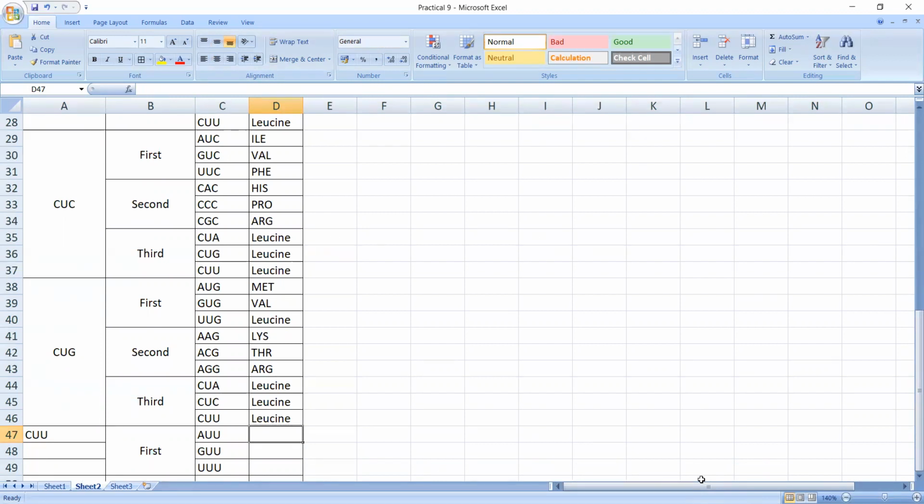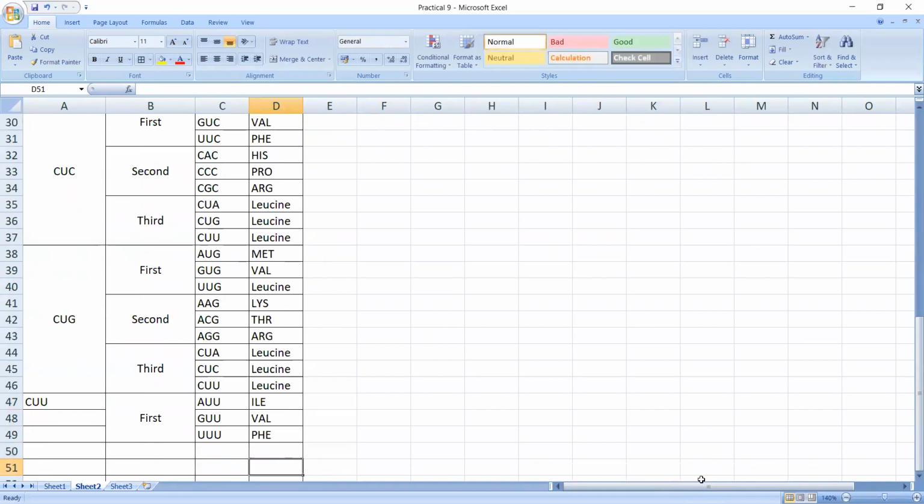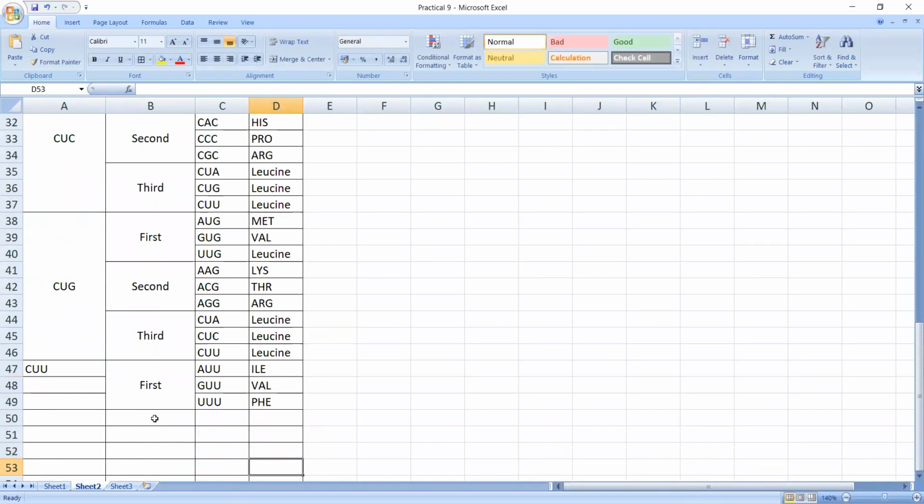AUU codes for isoleucine. What is GUU? GUU codes for valine, and UUU codes for phenylalanine. All right, chalo, let us see the second base.